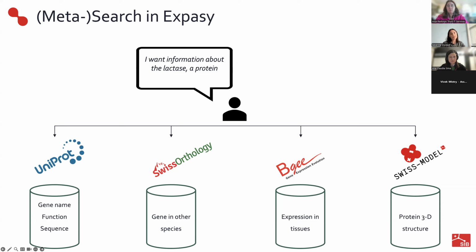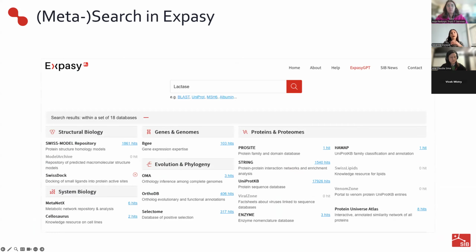If they want to see in which tissue the gene is expressed in human, they can rely on Bgee. And lastly, if they want to visualize the 3D structure of the protein, they can access Swiss Model. This is how a meta search result page looks like in XPC.